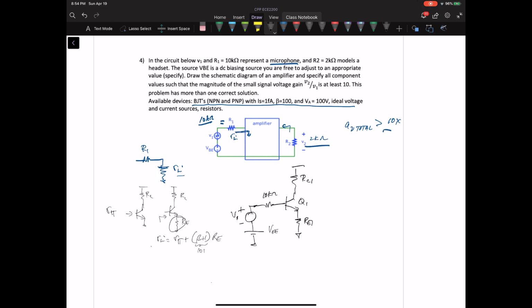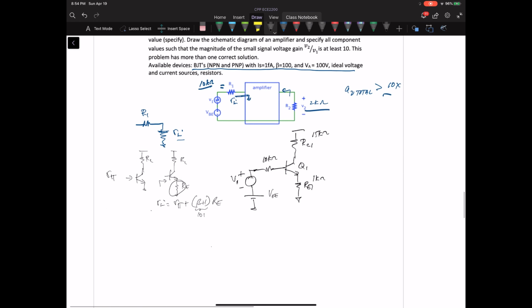Now let's say I want a gain of at least 10 out of this. Let's say I make this 15k ohm, and make this 1k ohm. That would give me a gain of 15x, which is bigger than, well, depends on the g sub m.